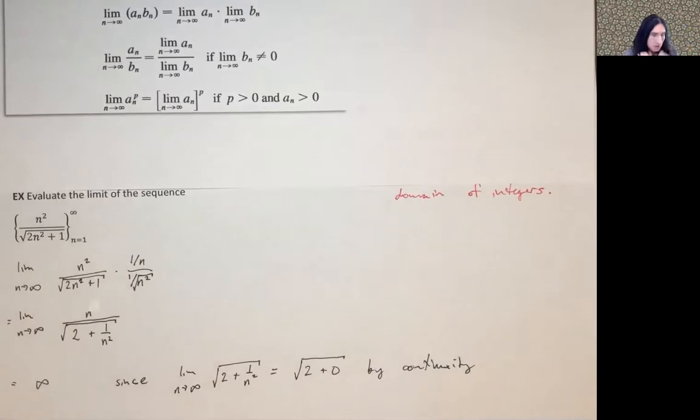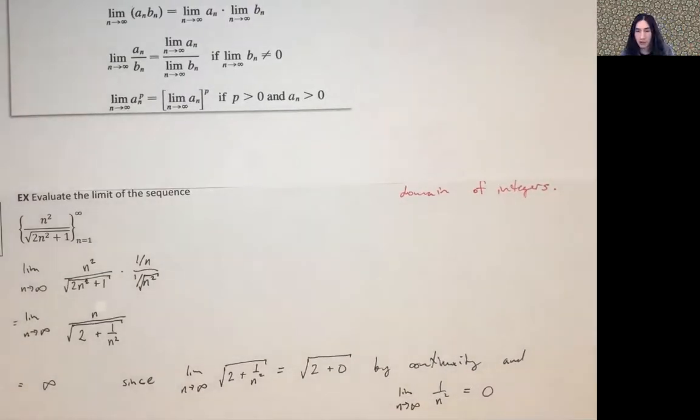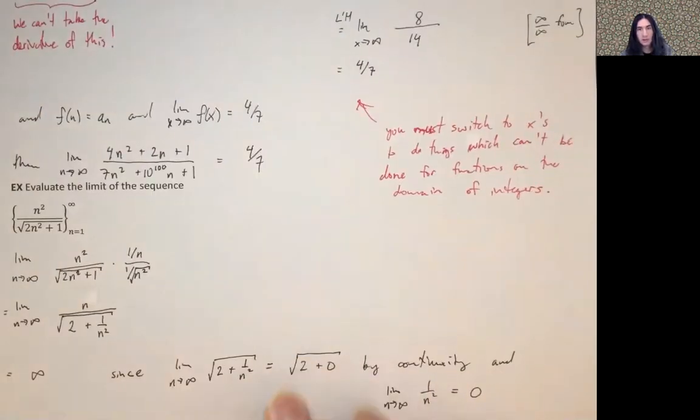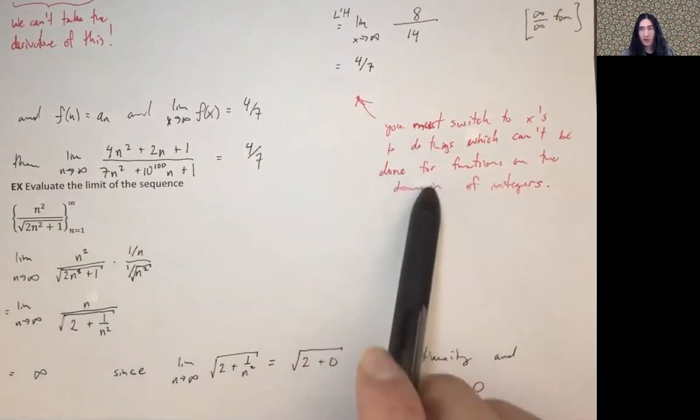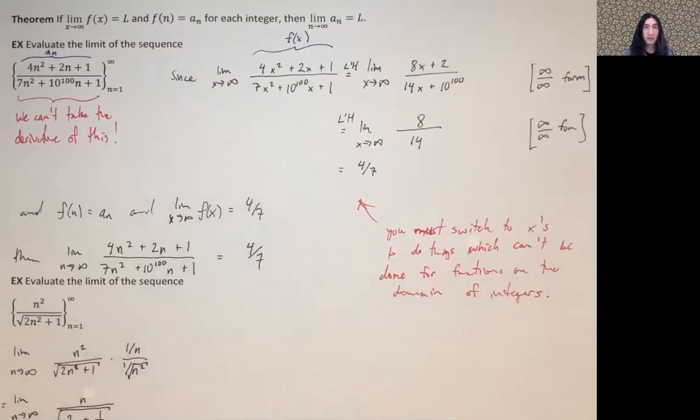I'm plugging in a value inside of the square root there. And the way I get the value is by knowing that the limit of 1 over n squared is equal to 0. Notice I did not switch to x's here because everything that I did was algebraic. Nothing here requires me to take derivatives or do anything that requires a domain of an interval.